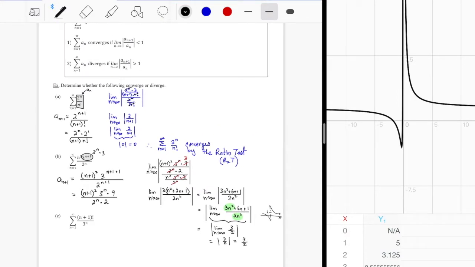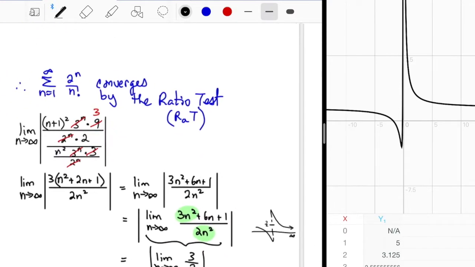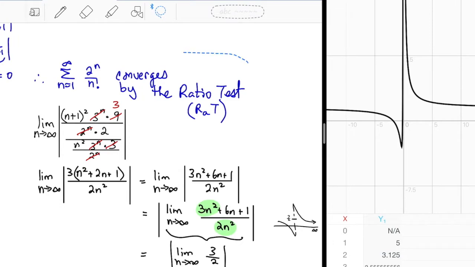Now going back to the conditions, if your limit is more than 1, it diverges. So it diverges by the ratio test.